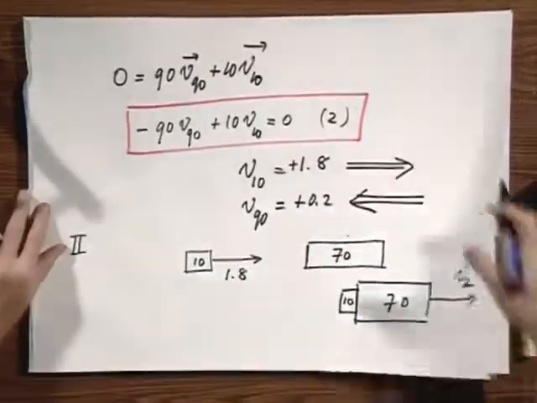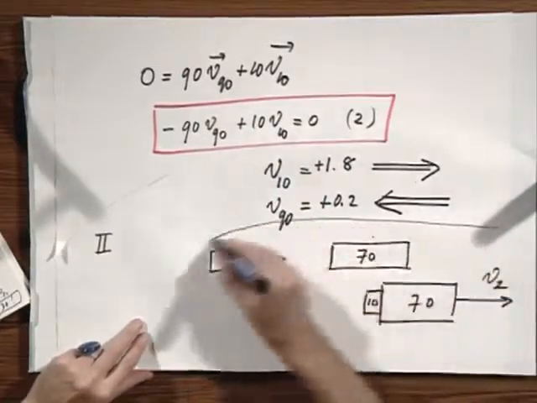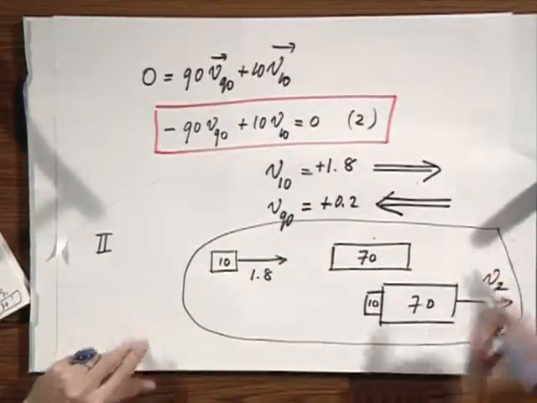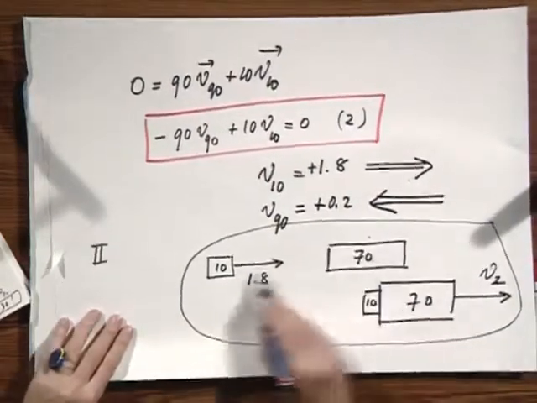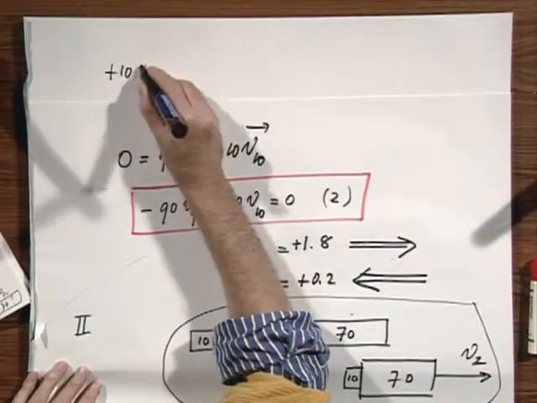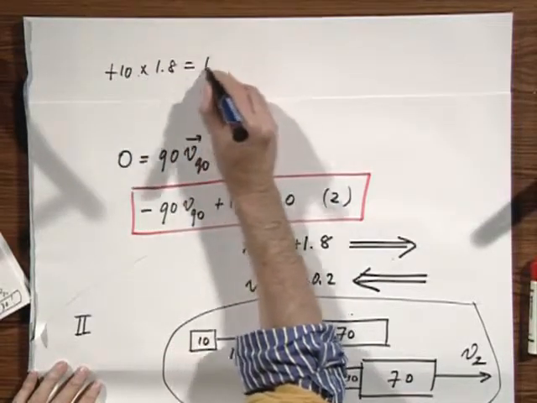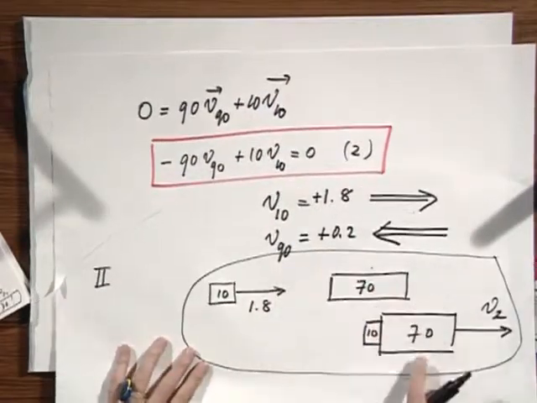Well, no one is shoving anything now, so all I have to take into account in this situation, and nothing else, is the conservation of momentum. Before the hit, the momentum I have is plus 10 times 1.8, which is 18. The momentum is only in here because this stands still.